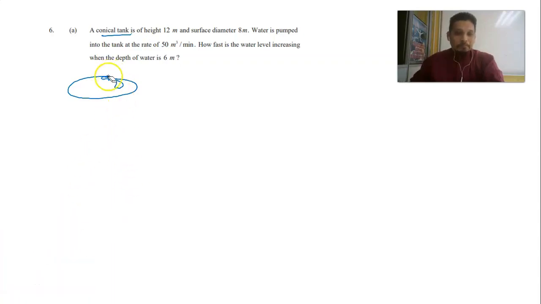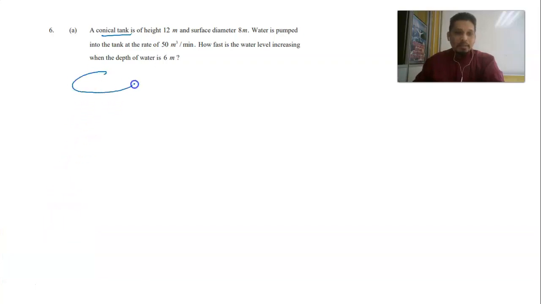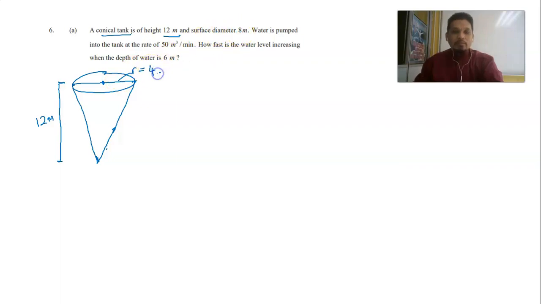A cone with a height of 12 meters, and the surface diameter, from this ring through the center and ending up here on the ring of the circle at the surface, is 8, meaning the radius equal to 4.